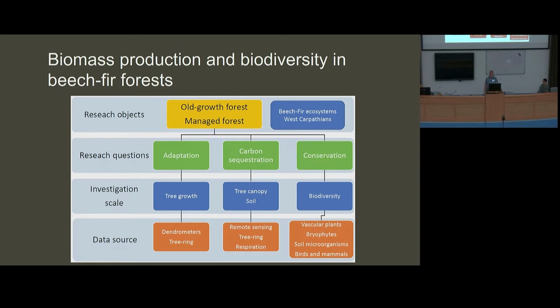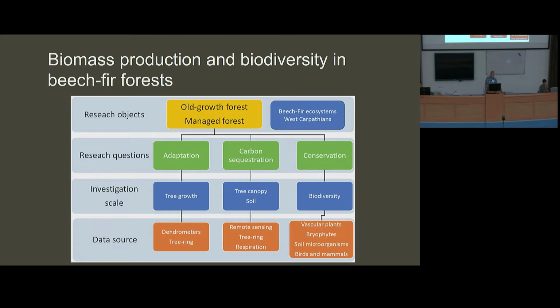For that, we use tree-ring sampling, so dendrochronological methods, and also some continual sensors to see how the trees behave under different environmental conditions. Then we also seek to explore the potential of fir-beech ecosystems to sequester carbon.